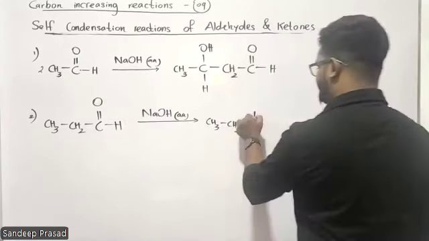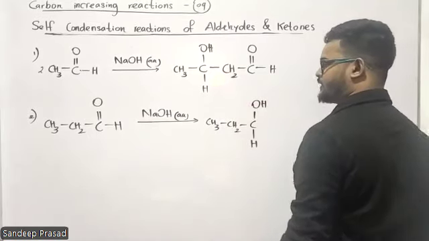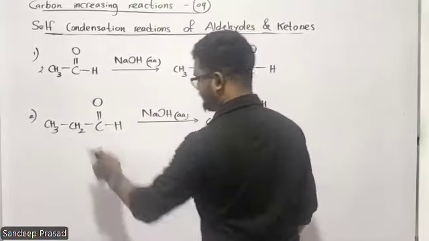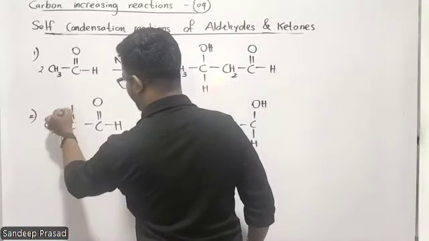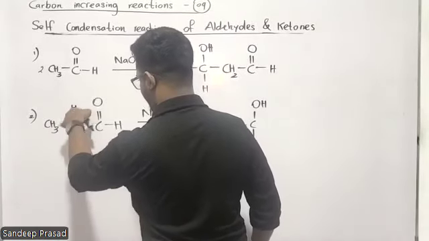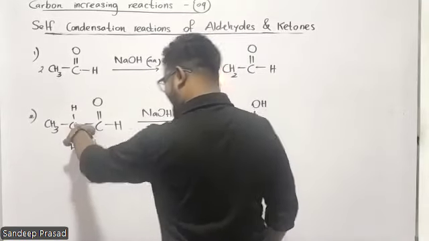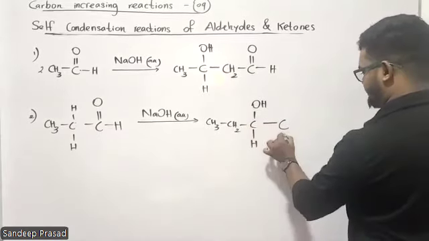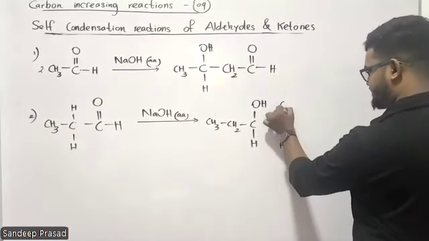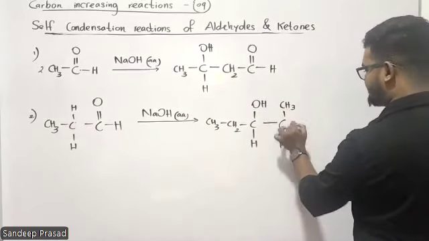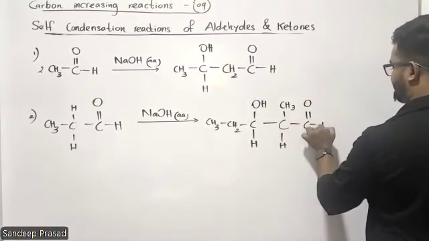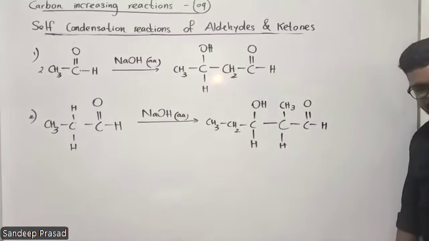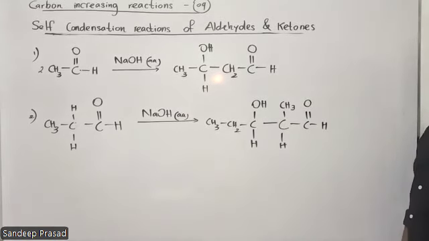Convert this group into C OH. Choose the alpha carbon. This is the alpha carbon. After removal of one hydrogen from the alpha carbon, connect that carbon atom to this one. Hydrogen is there on that carbon, a CH3 group is there on that carbon, C double bond H. Can you understand? This is the second part.